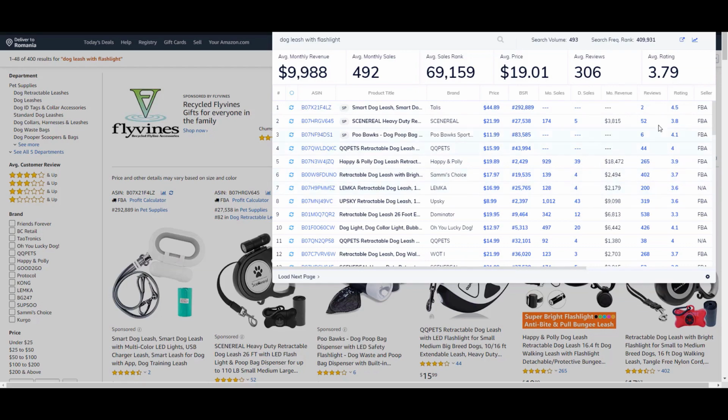Here we see the average being about 300, and we even have some products with under 50 reviews showing up within the top 10. The price is also higher. If a standard dog leash was about $12, here we have a nice higher price, $19, and I doubt that adding a flashlight adds $7 to your cost of manufacturing. So already, looking at a different keyword, we can see a completely different story.